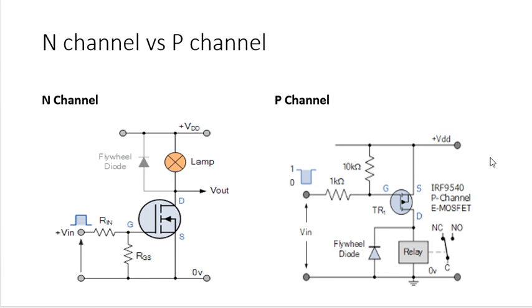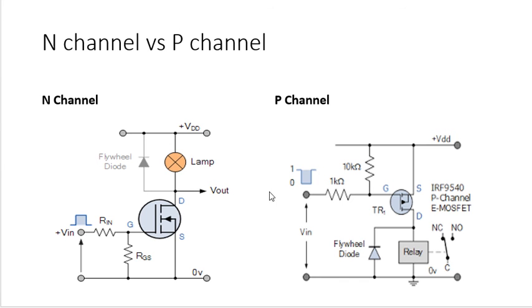Now let us take the example of a P channel MOSFET. Here we have the circuit diagram, and this time source is connected to positive. Previously drain was connected to positive, but this time source is connected to positive and drain is connected to ground potential through a load.